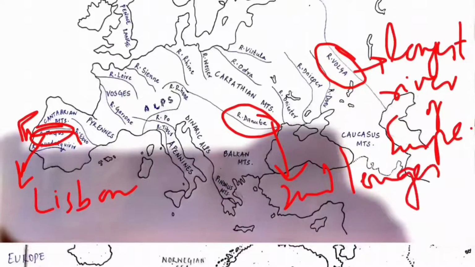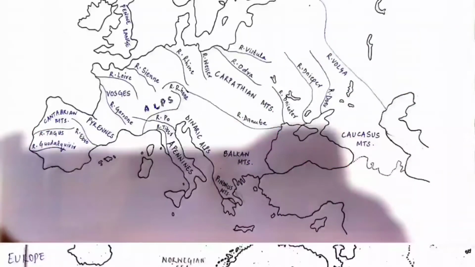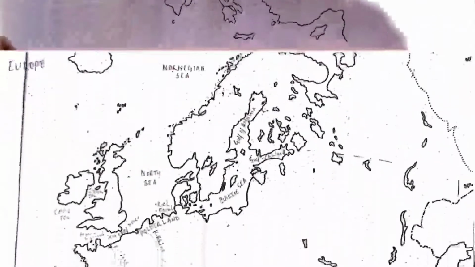It is the second longest river. First is Volga, the longest river of Europe, second being river Danube. And other rivers being the river Vistula, river Odra, river Weser. So these are all important rivers of Europe.